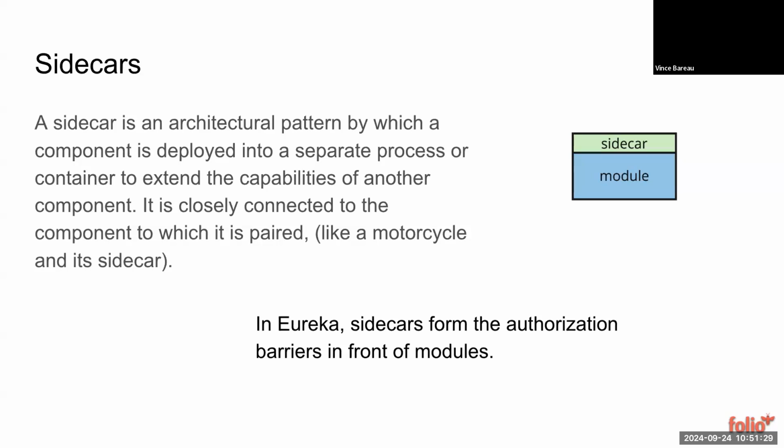They don't implement security. Security in the classic Folio is performed by Okapi and some of our other components like mod permissions and mod auth token. So sidecars are essentially a piece that you attach to the module to allow it to have some authorization.